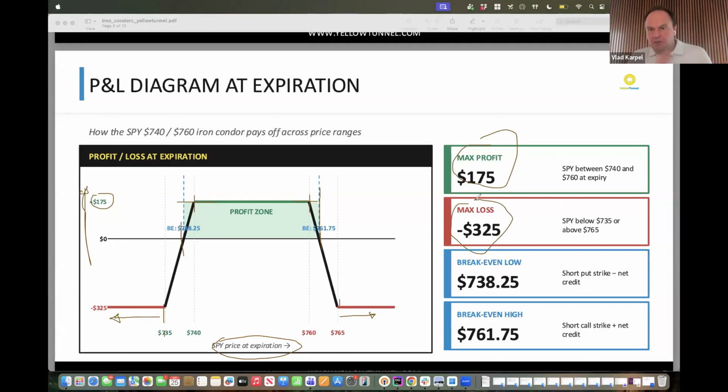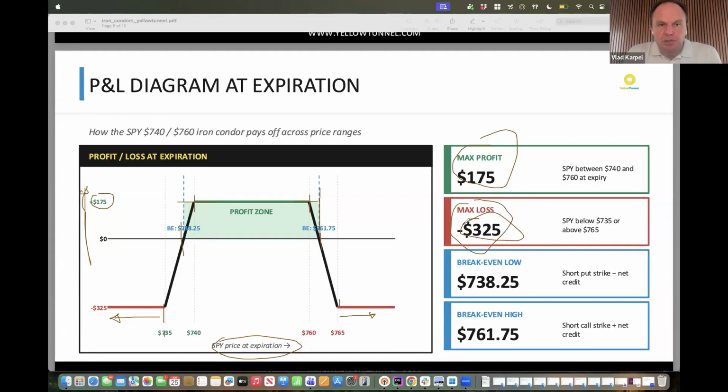Keith usually likes to say that your maximum profit should be 30% of the width of the strike. So if it's a $5 spread, then $1.75 is a reasonable credit, right? And then this is your loss, right? So 30% you're making money, 70% of the width potentially losing money.